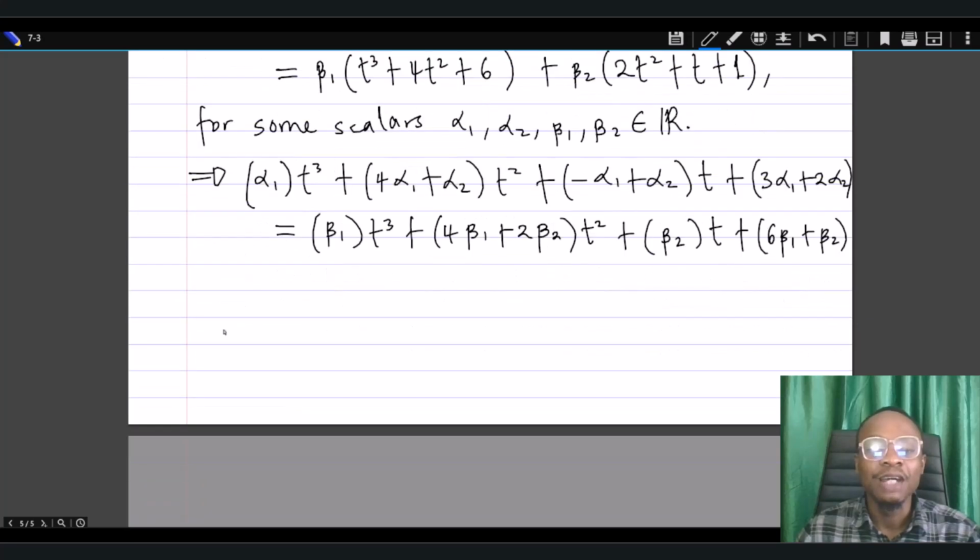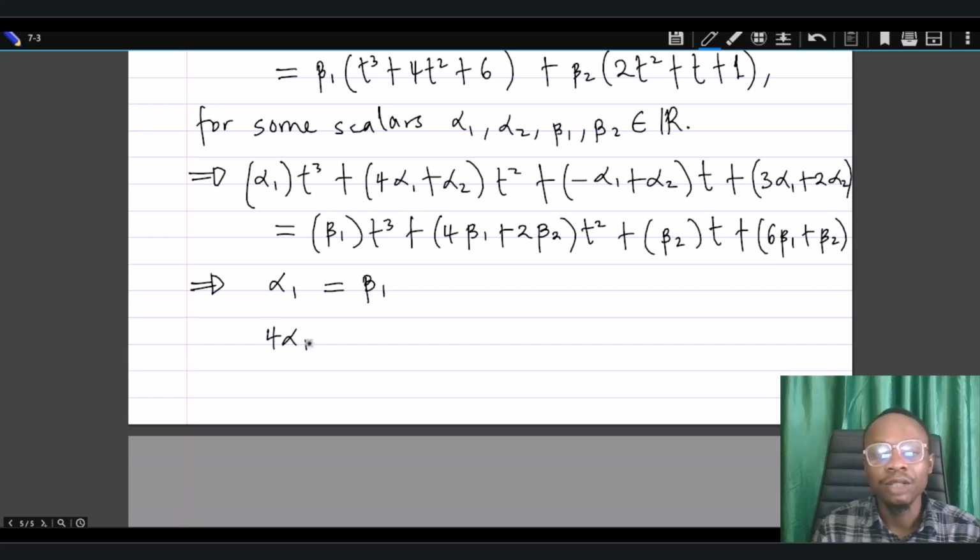We can now equate the corresponding coefficients. The coefficient of t cubed here is alpha 1, so this tells us alpha 1 equals beta 1. Then the second one tells us 4 alpha 1 plus alpha 2 equals 4 beta 1 plus 2 beta 2. Then the third one, the coefficient of t, tells us minus alpha 1 plus alpha 2 is equal to beta 2.